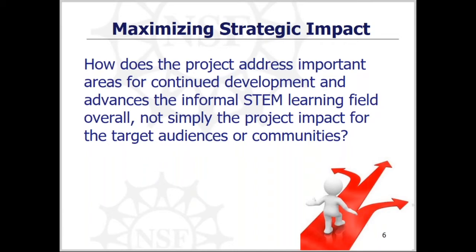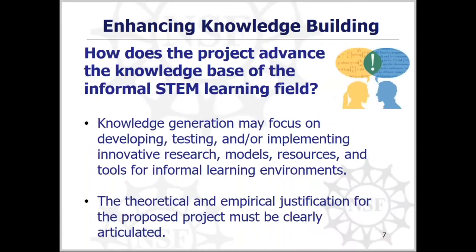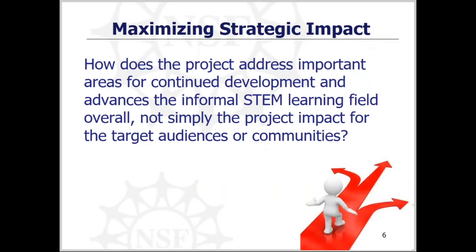To achieve these goals, we have 6 priorities. Our first priority is maximizing strategic impacts. Notice the word strategic. We include this purposefully because we are very much interested in impacts that have been planned, that are intended, and that are focused.